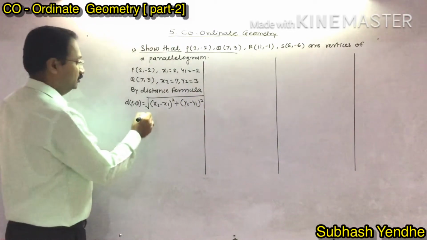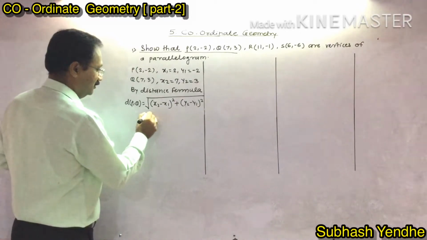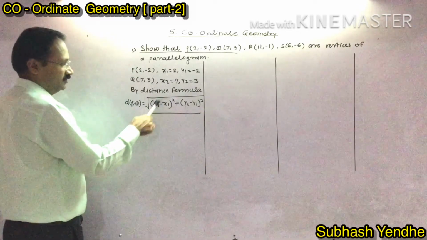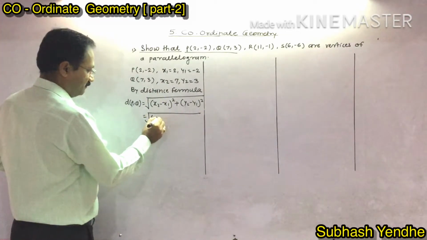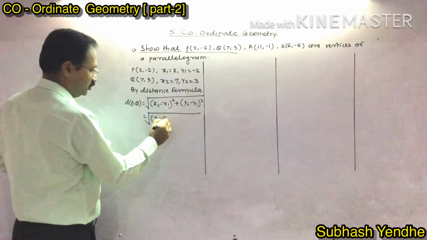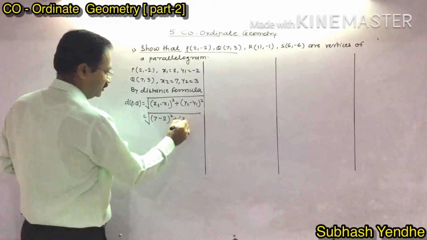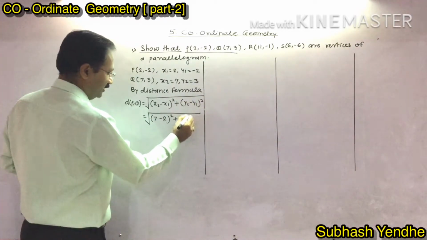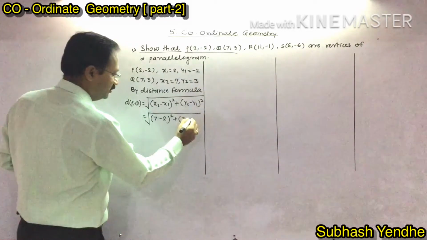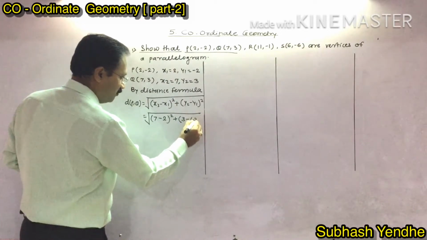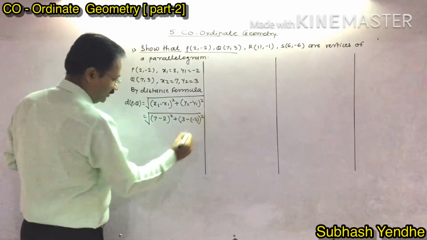Now what you have to do? You have to substitute the values. x2 is 7, x1 is 2, bracket square, y2 is 3, then minus sign, y1 is minus 2, so it should be in a small bracket, square.